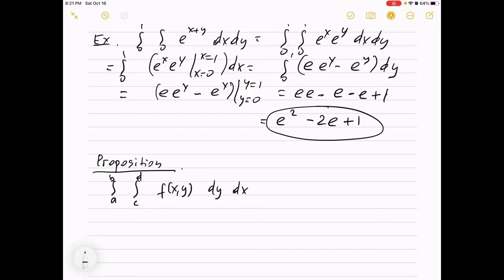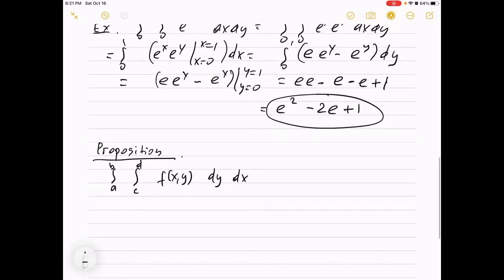So we might have the integral with respect to y inside and the integral with respect to x outside, or potentially we might switch the integration and have the integral from c to d, then the integral from a to b, f of x, y, dx dy. So potentially we might have two iterated integrals.